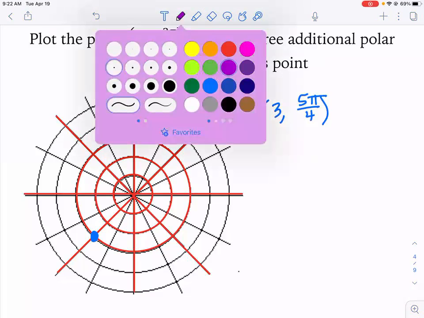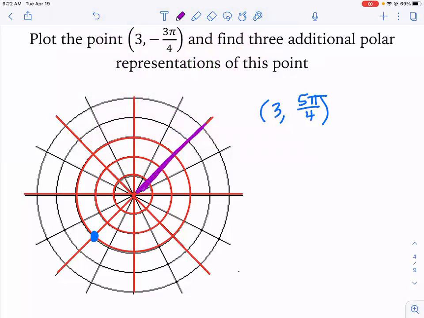If we rotate to pi over 4, we would move backwards 3 from our pi over 4 angle to get here. Do you see what I'm saying there? So we could call this -3, pi over 4 because we could rotate to pi over 4. Instead of moving forward, we move backwards 3.